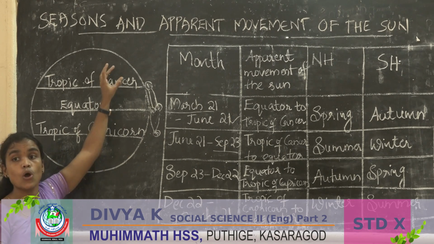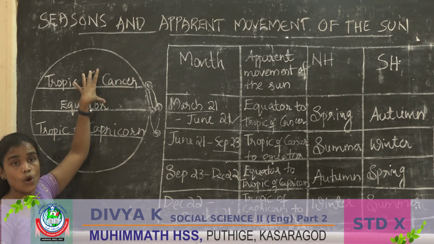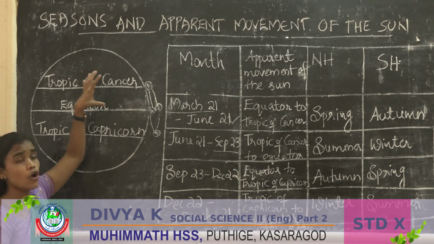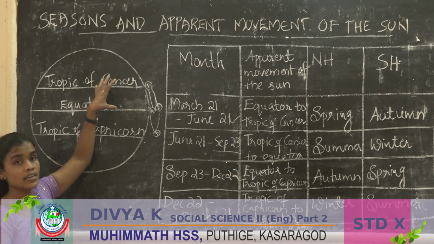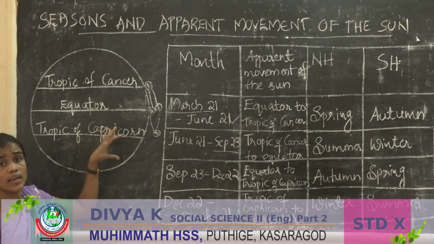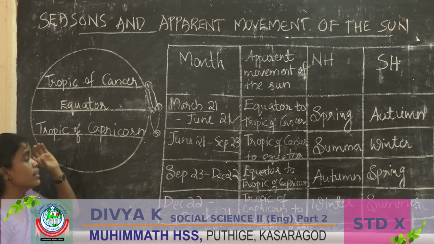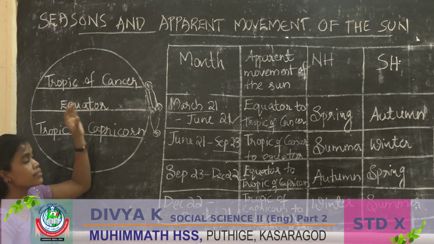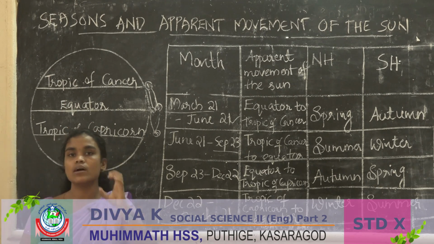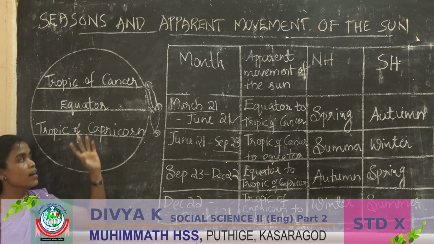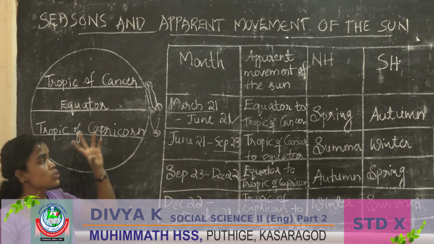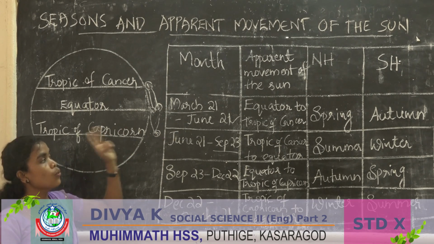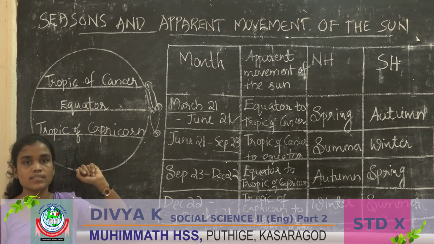This causes the longest day and shortest night in the northern hemisphere, and in the southern hemisphere the shortest day and longest night. So this is known as summer solstice. Is it clear? Which month? June 21. Is it clear?